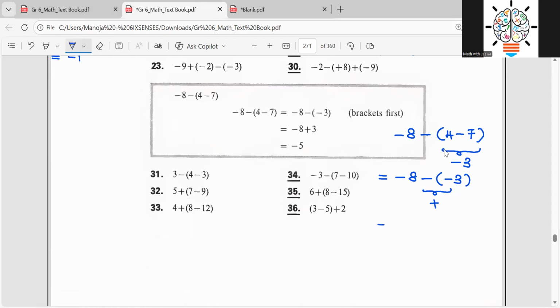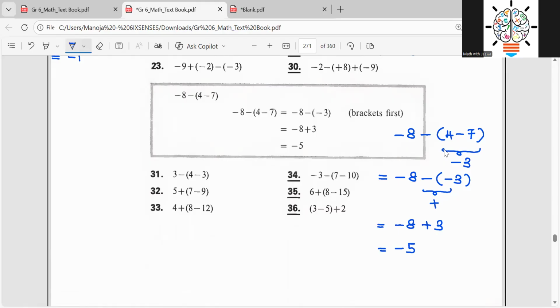Plus. Then I rewrite -8 plus 3. Now it's easier to get the answer. It is -5. Hope it is clear for all of you. Do them step by step, no rush, right? First you solve the bracket, then you rewrite the numbers with the new signs, and then again you come across two signs in front of 3, then you want to solve that, negative, negative, that becomes positive. Then you have a simple sum that is -8 and +3.